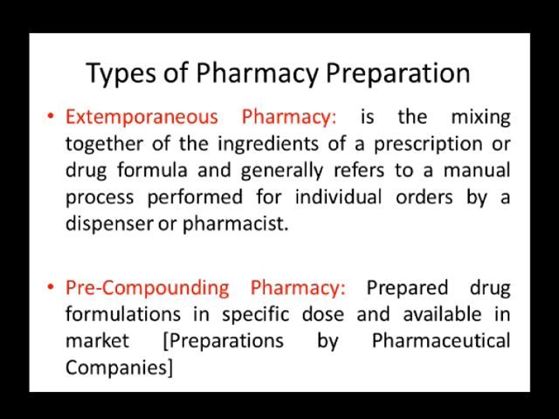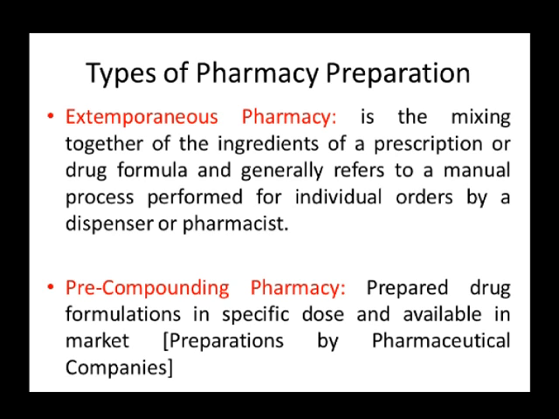Usually nowadays we don't have this kind of pharmacy going on. Maybe you can find it at places, rarely, but usually what you find is a pre-compounding pharmacy. A pharmaceutical industry produces a particular dosage formulation and then markets it across the local area, nationally, at state level, or might be at the international level, and then this drug is directly given to the individuals at the orders of the doctor.